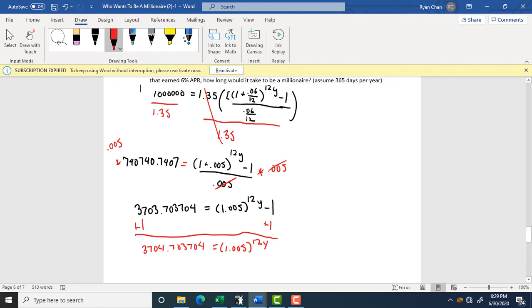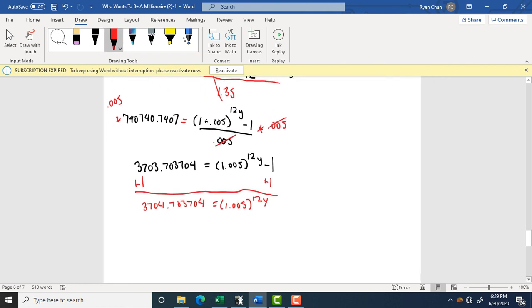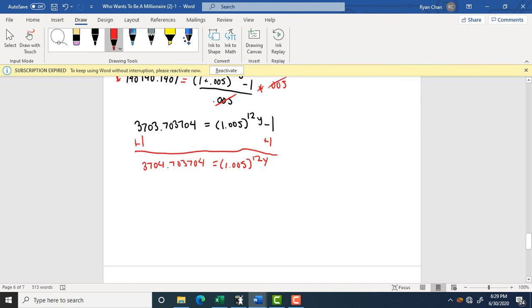So we're at this part here, and some of you guys are like, how the heck am I supposed to solve for y, right? Because notice my y is on top. So I'm going to show you this kind of a strange thing. Hopefully you should kind of remember this. The idea is, remember, we do something called the log of both sides, right?